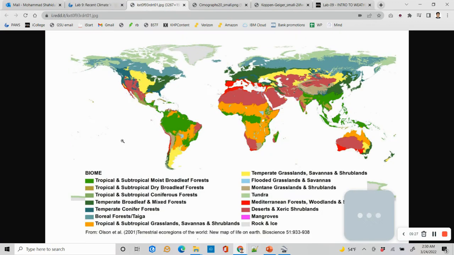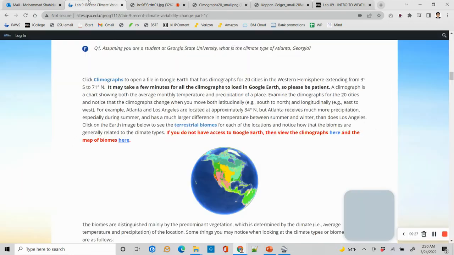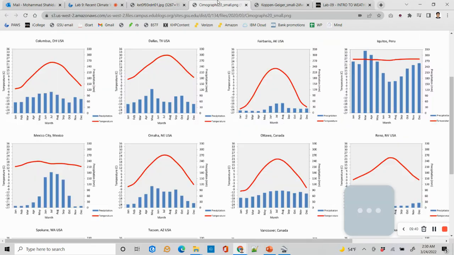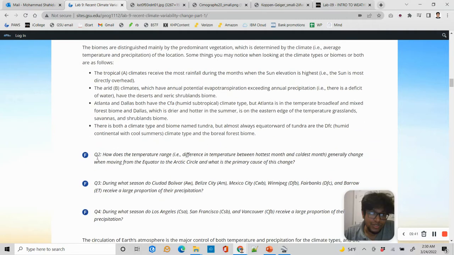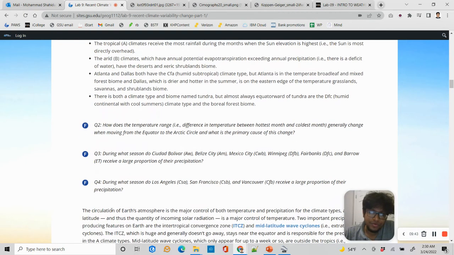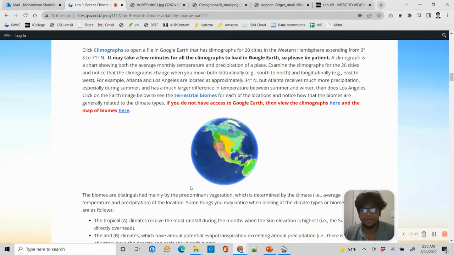And the map of biomes is here again. So this is the biome map. For the tropical, subtropical, and so on, you need to answer based on the color code. Questions 2, 3, and 4 are based on these two links, one link in here and one link in here.